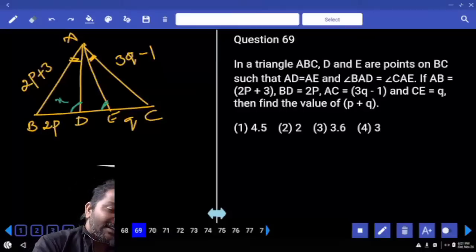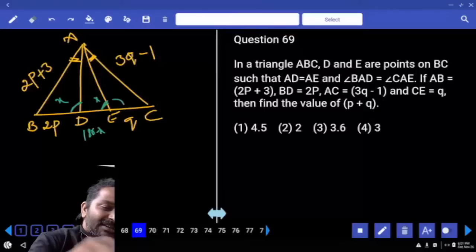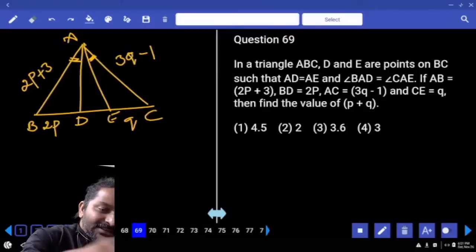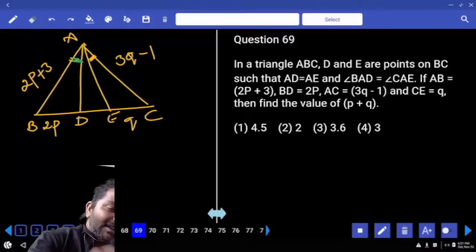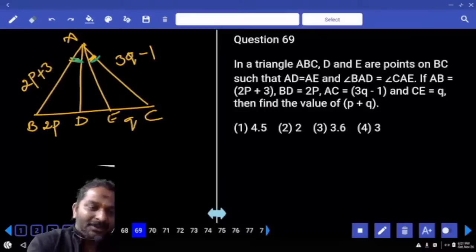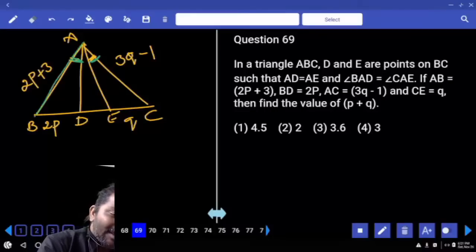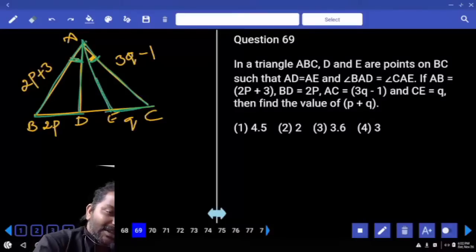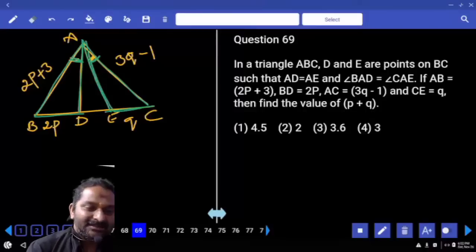If this is x, then on the other side it is 180 minus x, and this one again x, this also must be 180 minus x, right? So in that case angle at A and angle at C both are equal. Now the triangle ABD and the triangle AEC, they must be similar triangles.